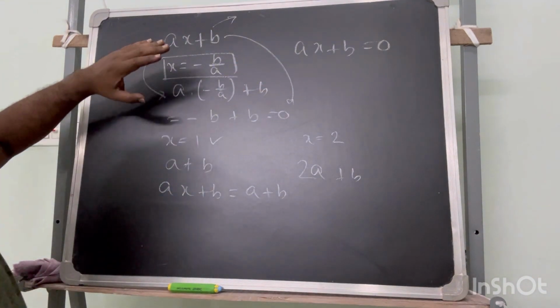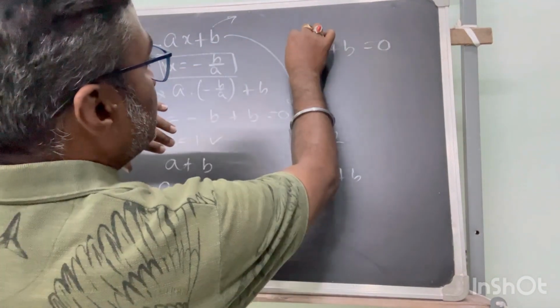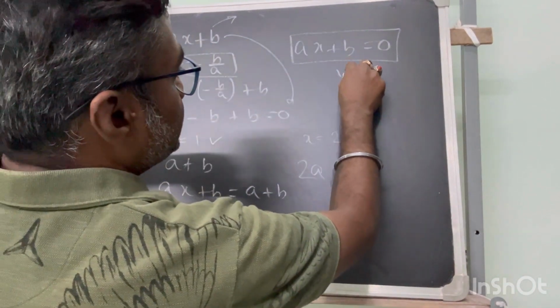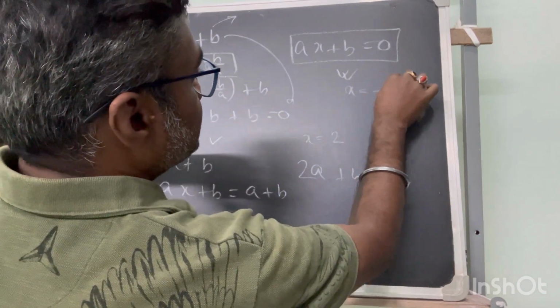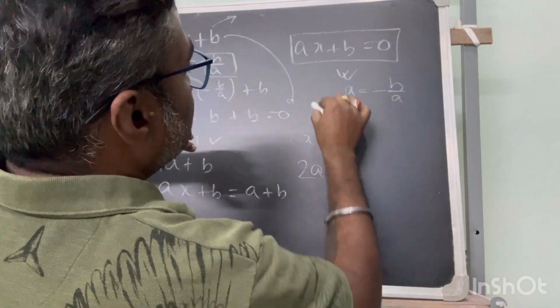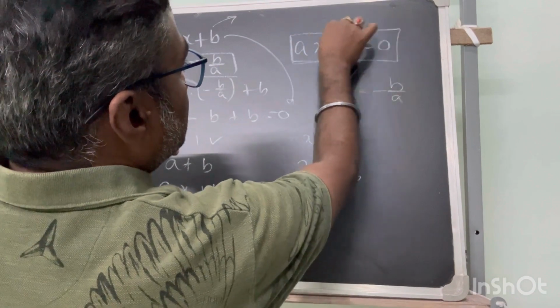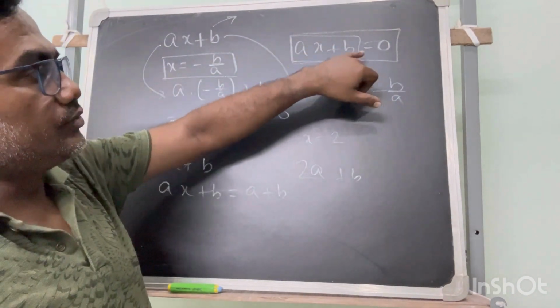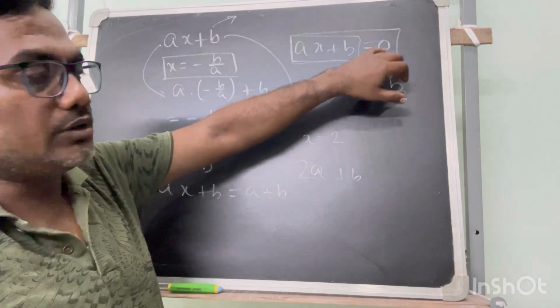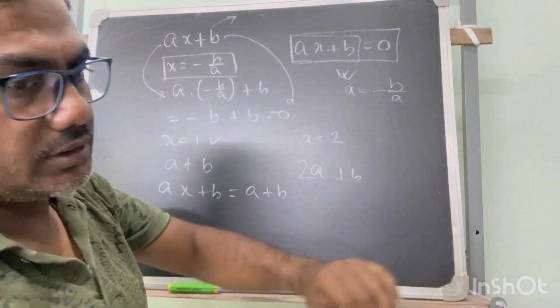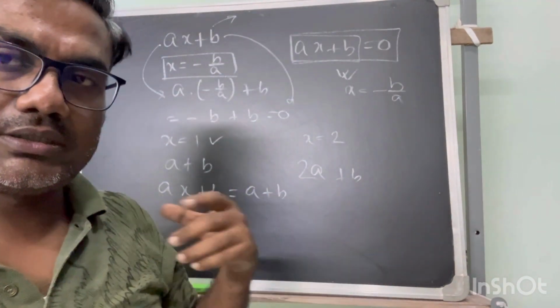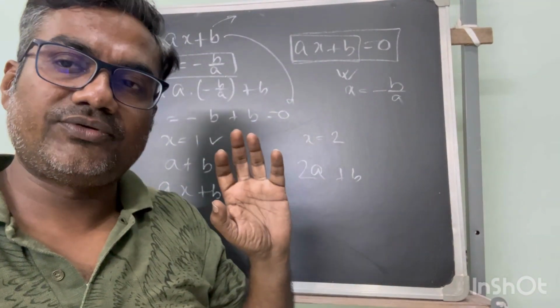But if this is the only condition for which I get a single solution of x, that is x equal to minus b by a, then this can be said to be an equation equal to 0, because for any equation I get a definite solution, not an indefinite one.